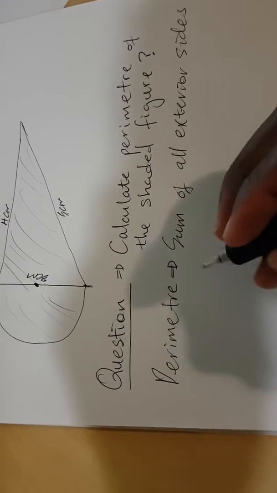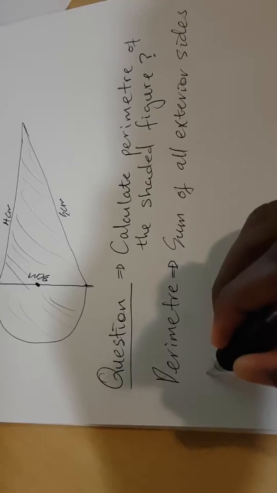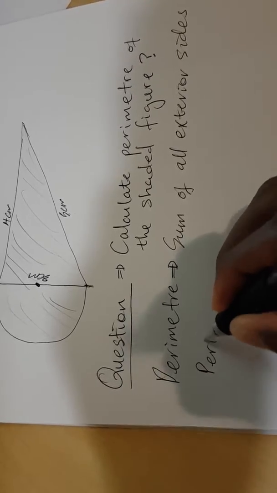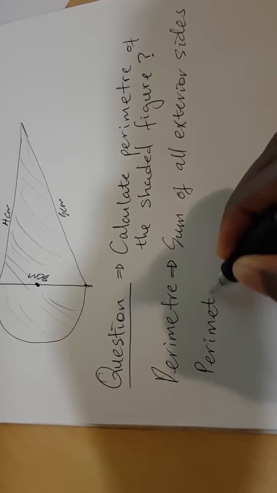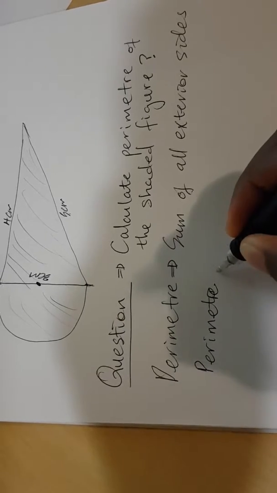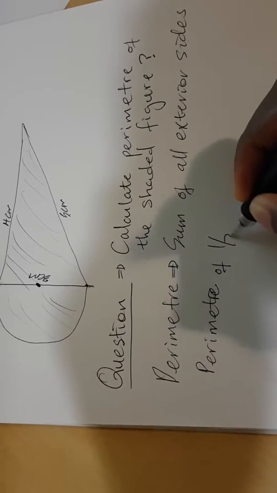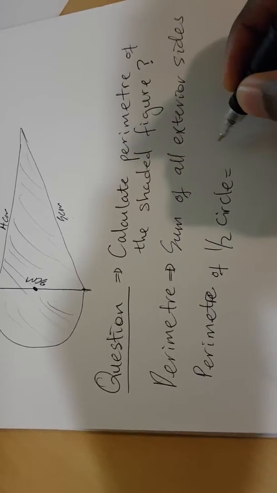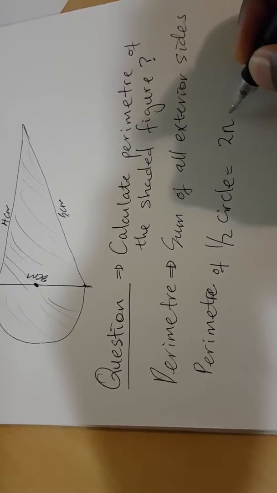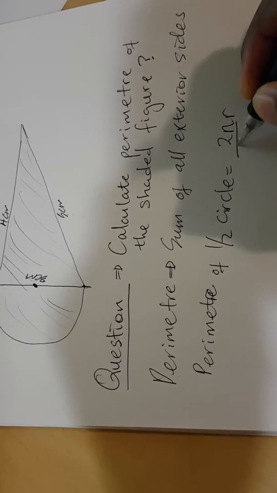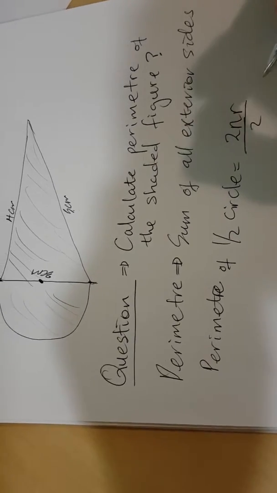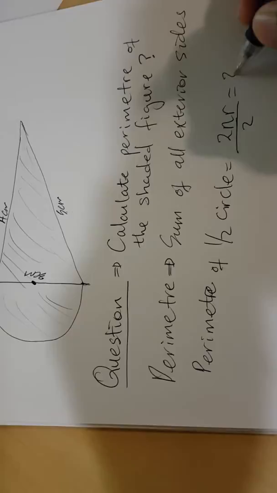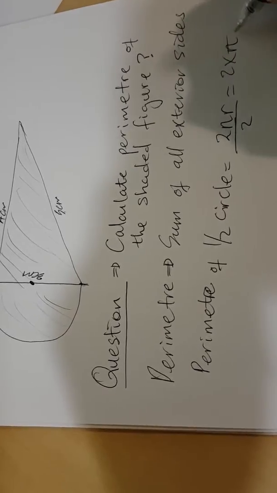So we'll say perimeter of half circle is equal to 2 pi r divided by 2, which is equal to 2 times pi times r.